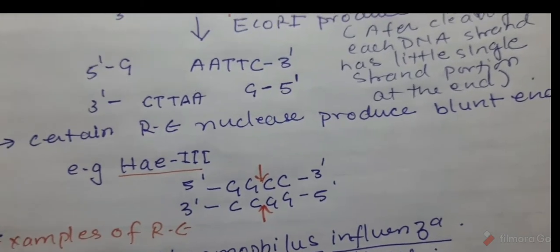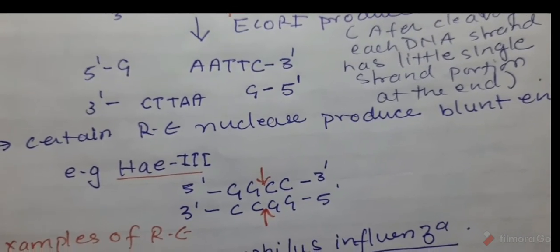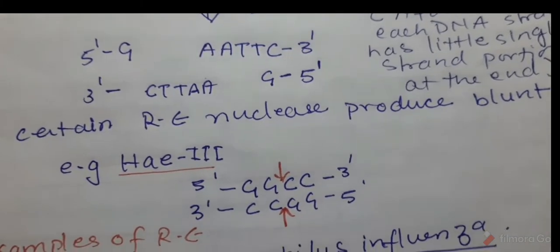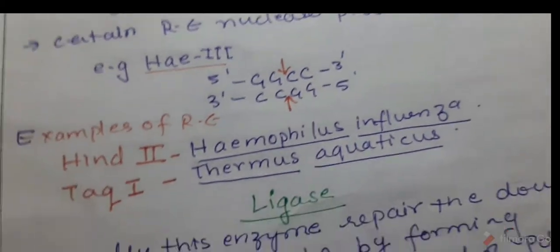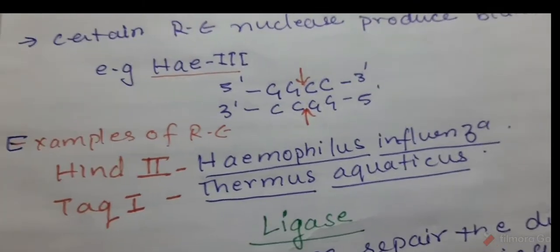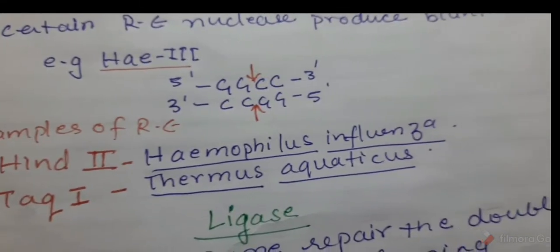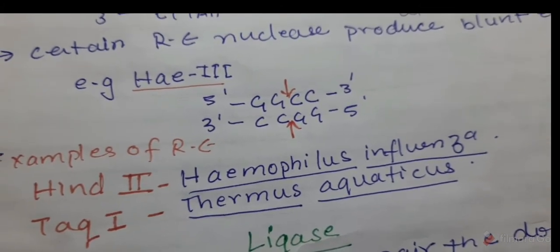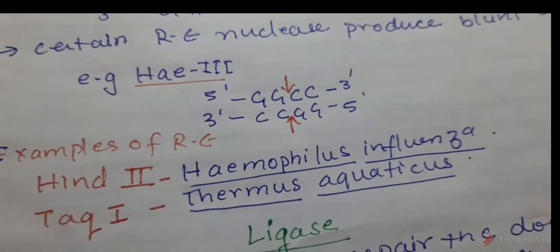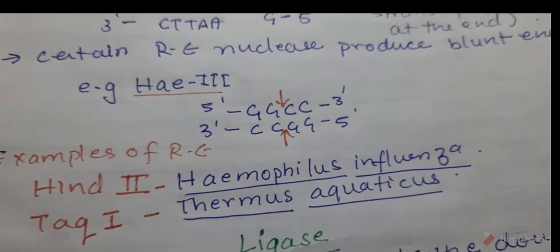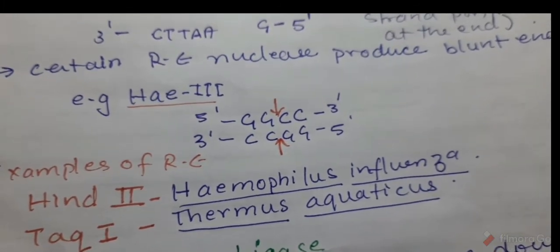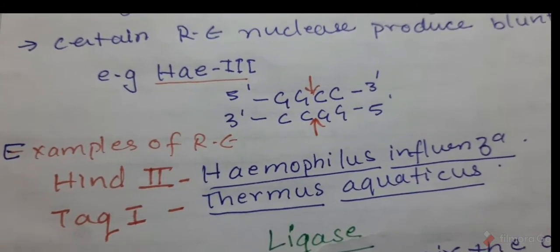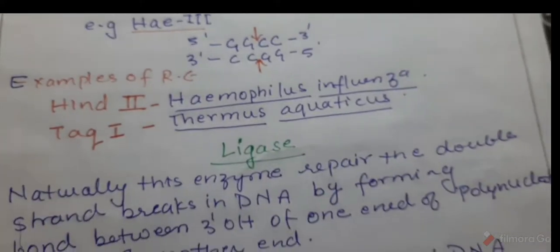So some enzymes produce blunt ends, whereas some produce sticky or cohesive ends. As examples of restriction endonucleases, HindII is isolated from Haemophilus influenzae, and TaqI restriction endonuclease is isolated from Thermus aquaticus.